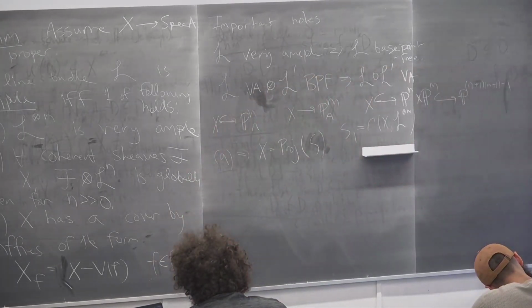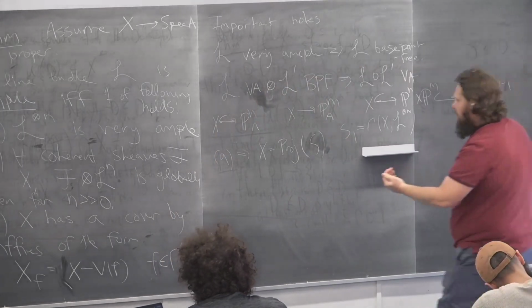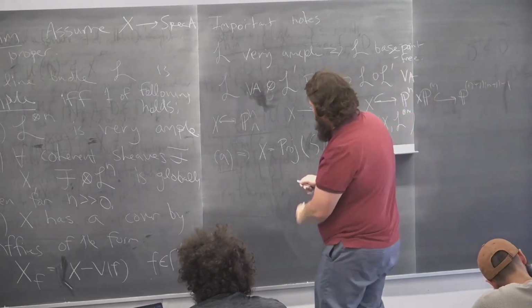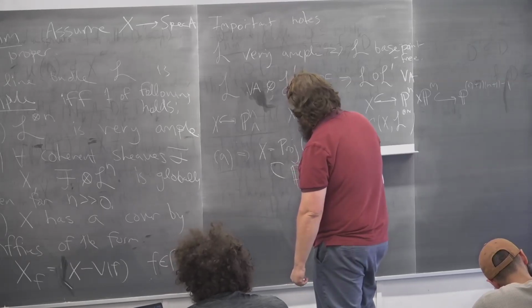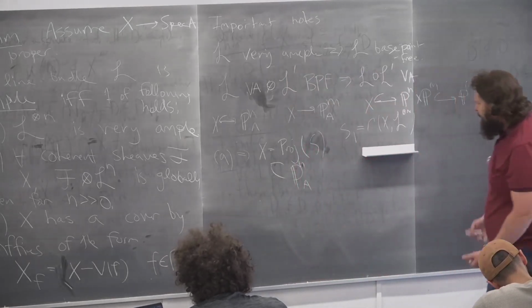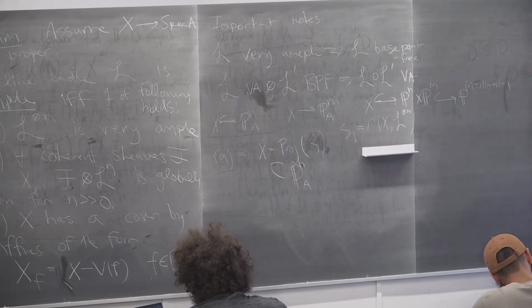All right, but we know that this is even an embedding of X in P^n. Well, we know a bunch of affine open subsets of P^n, the open subsets where you require one of the coordinates to be non-zero.